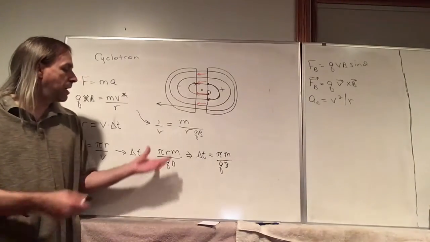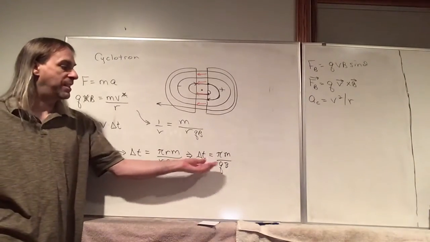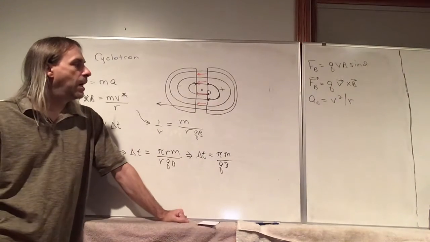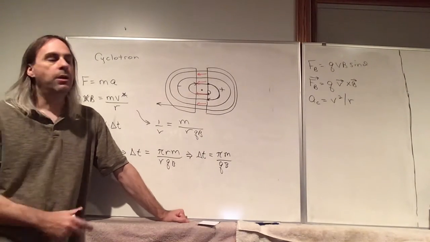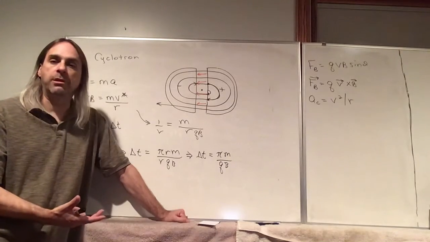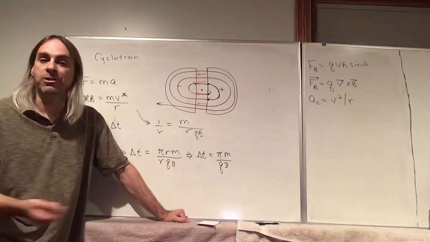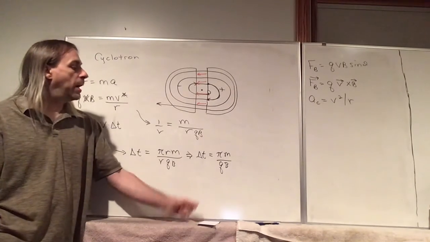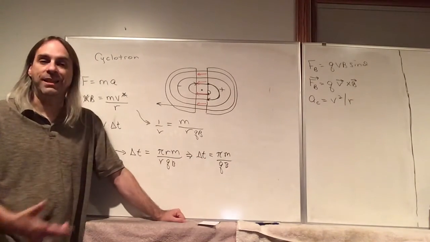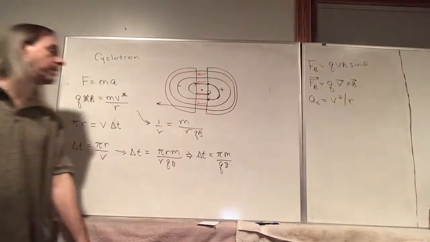And so this very predictable delta t being a constant only works for speeds much lower than the speed of light. Once you start getting close to the speed of light, even like 1%, or even a fraction of a percent, you'd start noticing differences in delta t.